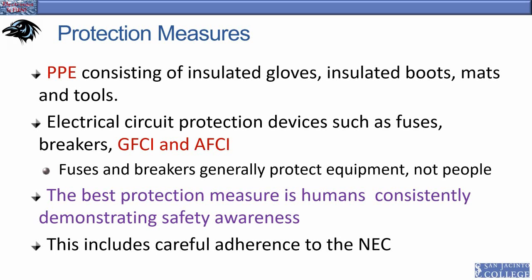So it looks at little pulses of electricity, and it senses that, and when it senses several of these pulses of current, which is what arcs do, they produce pulses of much higher current than the normal circuit, when it senses these periods of several sharp spikes in the amount of current, it'll interrupt the circuit and shut it down. Arc faults are generally caused by poor connections. It can also be caused by corrosion and worn out wires and things like that.